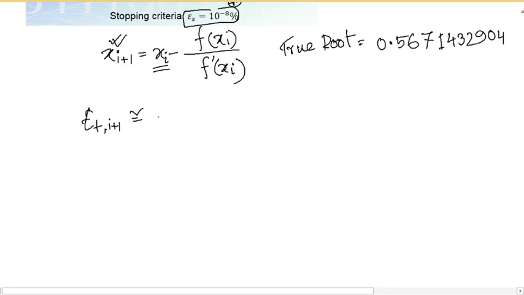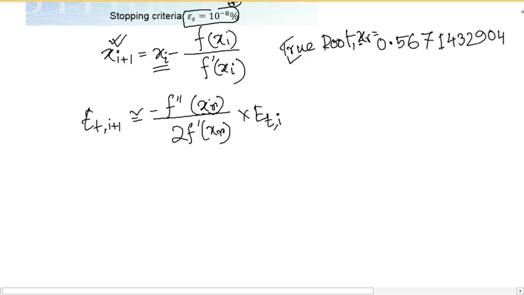This was almost equals to f(xr), this is the true root, divided by 2 f prime xr multiplied by eti square. I'll be describing this later on.